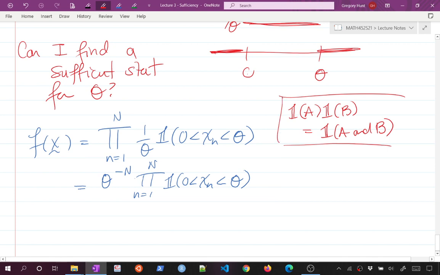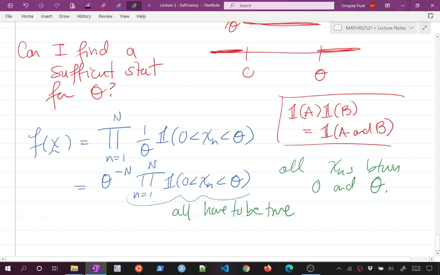What this means practically is I have a huge product of indicators here, and all of these conditions have to be true, otherwise the whole thing is 0. If any of them is false, one of the values in the product is 0, so the whole product is 0. And what are these conditions saying? They're saying that all the xn's have to be between 0 and theta.